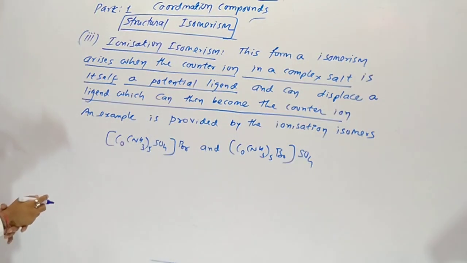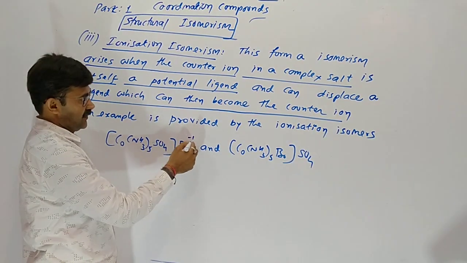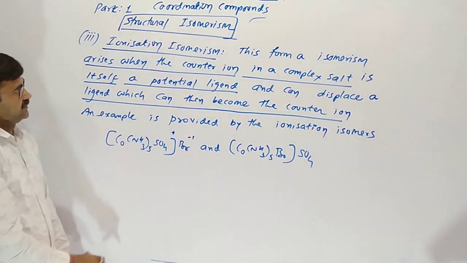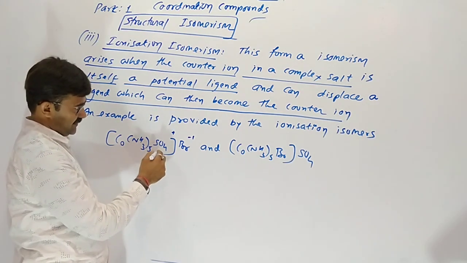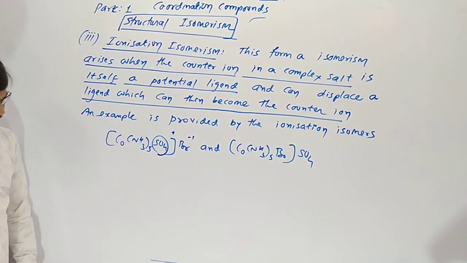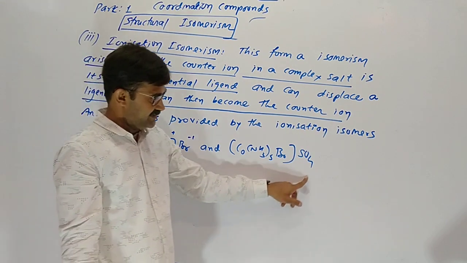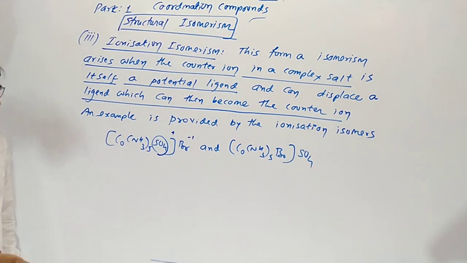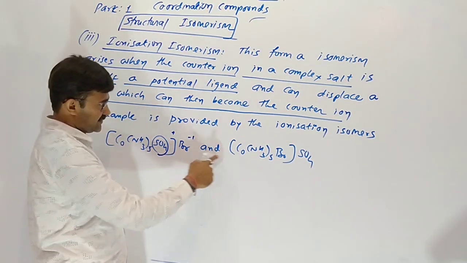In the complex, the counter ion itself is capable of displacing the ligand. So the ligand comes out as a counter ion, and the counter ion itself becomes a ligand.